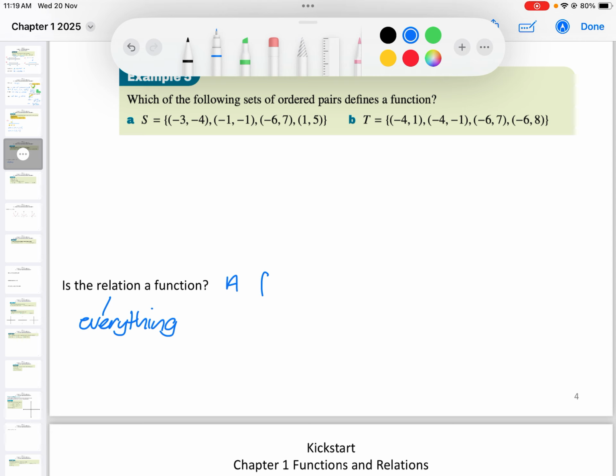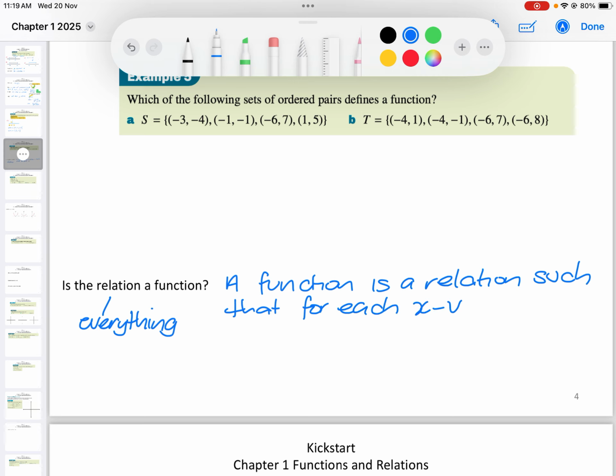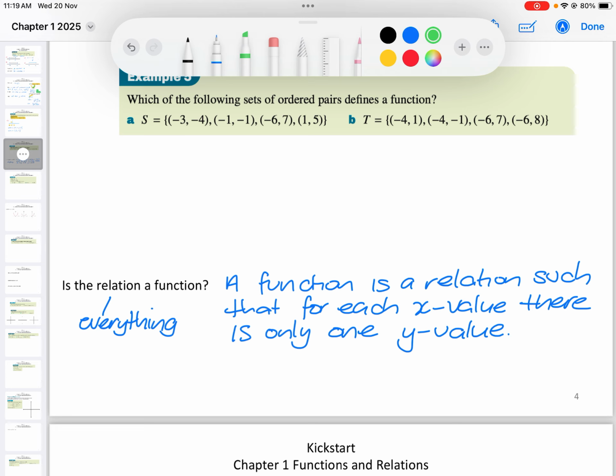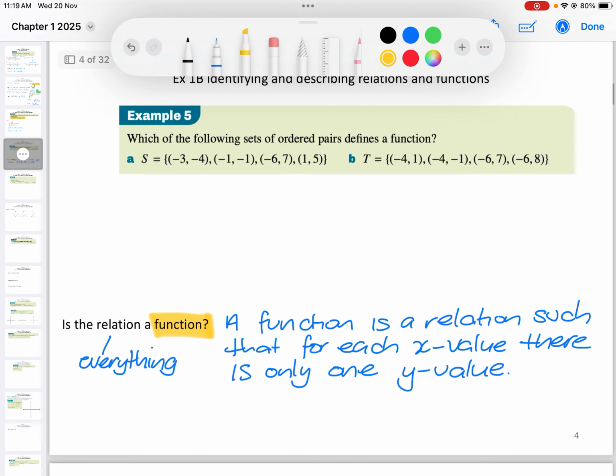A function is a relation such that for each x value, there is only one y value. So that's how we know whether something is a function or not.